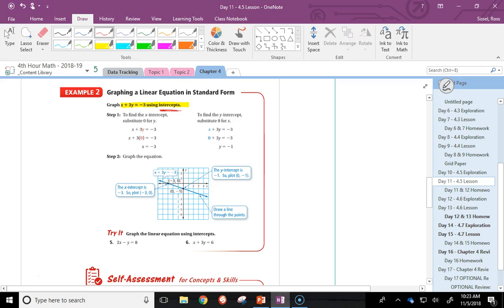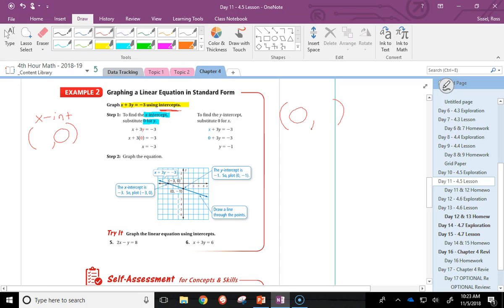To find the x-intercept, you make y equal 0. So we go in the equation x plus 3y equals negative 3. Whenever I make an x-intercept, since it has to cross that x-axis, y has to be 0. When we do the y-intercept, x is 0. So I'm just going to input that there.